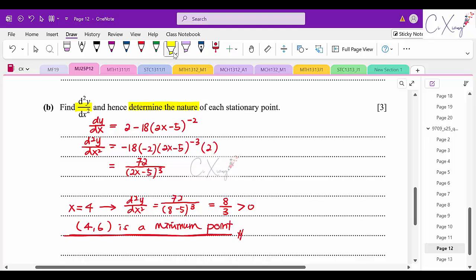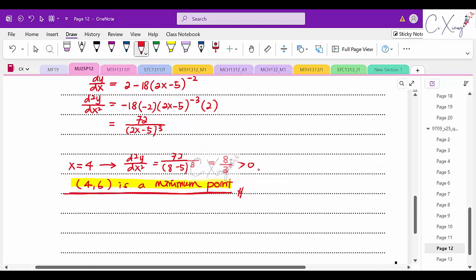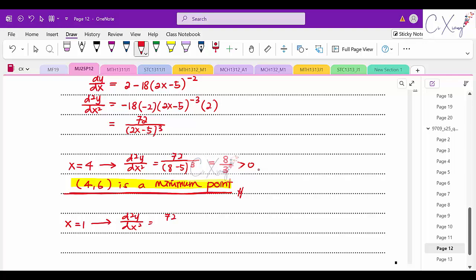Okay, so we are done for the first point here. Then let's decide the second point. For the second point, again, you have to substitute x equals 1 into your d²y/dx². Substitute inside. By right, you should have 2 minus 5 power 3.